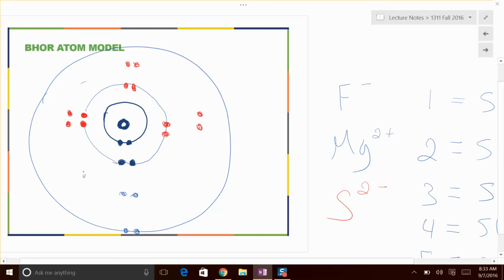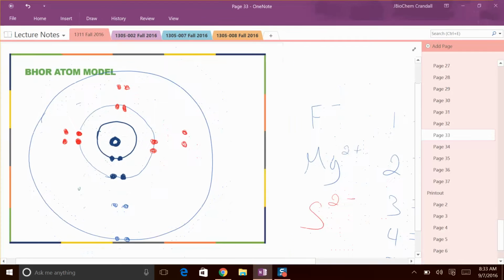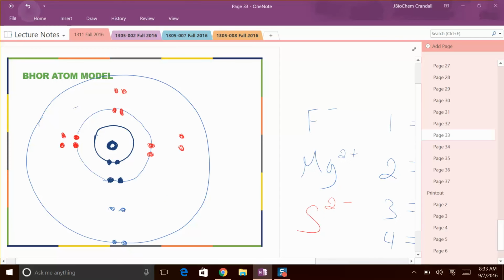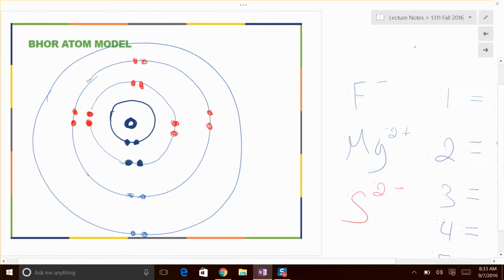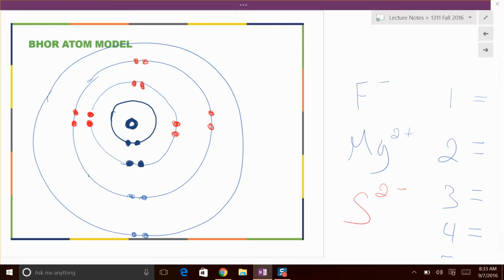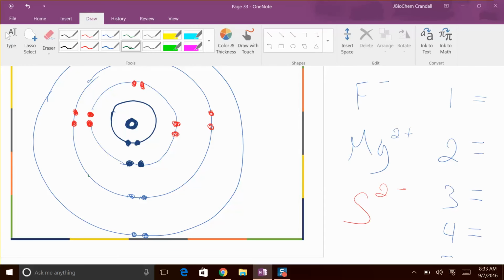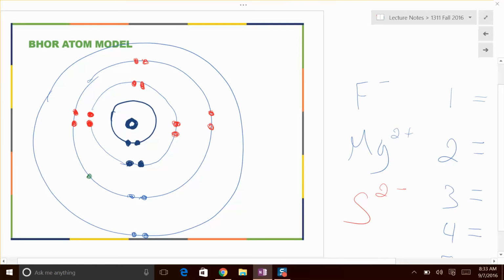That's not what I want. One, two, three, 4, 5, 6, 7, 8, 9, 10. Okay? So it fills with those 10 electrons on the third energy level, not on the outside.